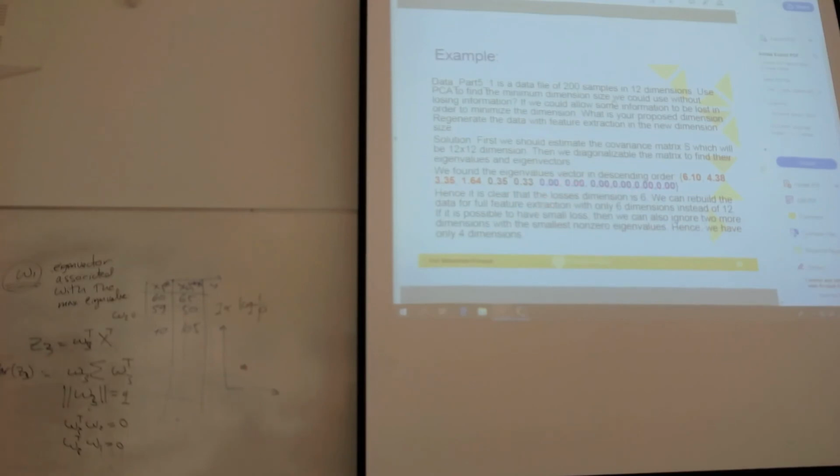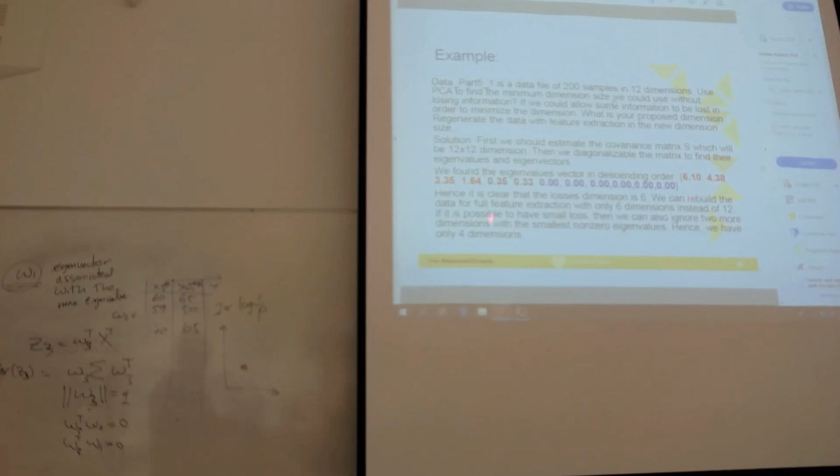Six zeros. If you decided to remove those 6 zeros, it means that you take only the highest eigenvectors associated with these eigenvalues. Then you can reduce the data from 12 dimensions into 6 dimensions without losing any information. All information is still saved in these 6 dimensions.